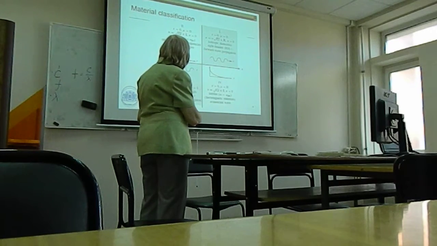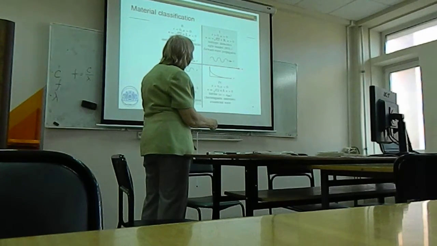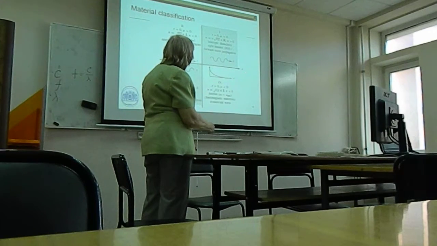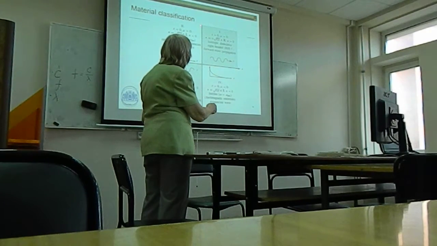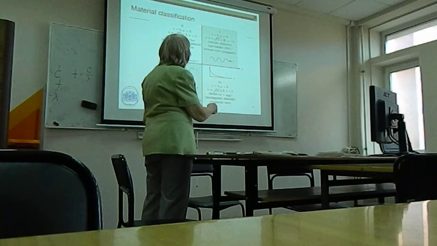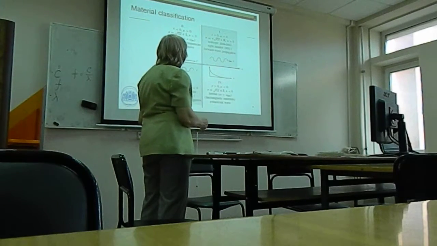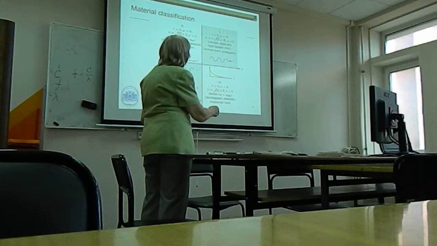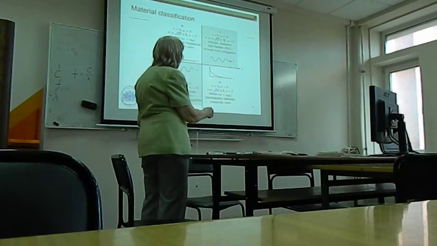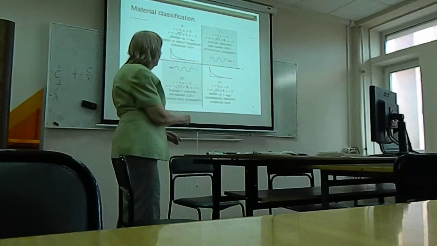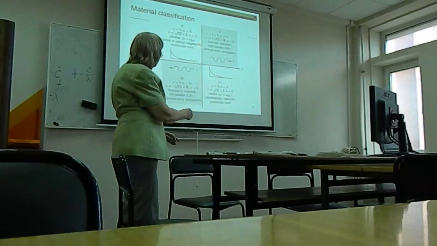This is the axis of dielectric permittivity, and the vertical one corresponds to mu, magnetic permeability. Here we have both parameters positive. Positive and positive, epsilon and mu.